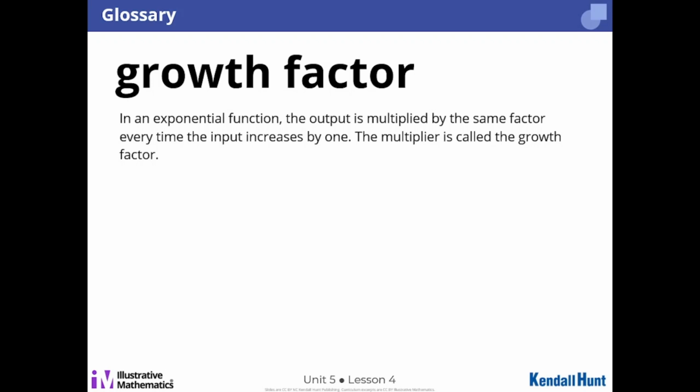Whether you are increasing or decreasing, it is still called the growth factor. The difference is that the growth factor is either greater than 1, causing it to increase, or less than 1, causing it to decrease.